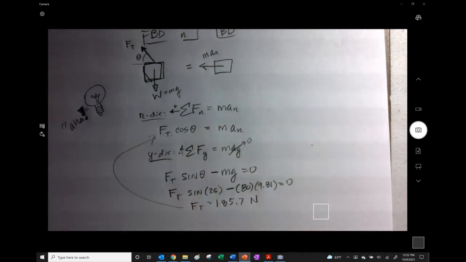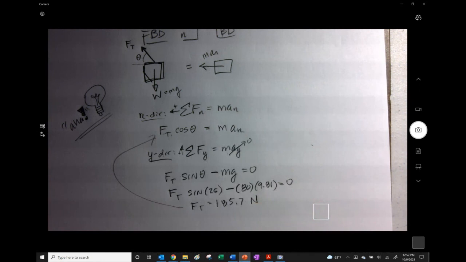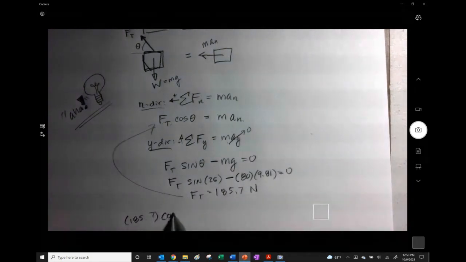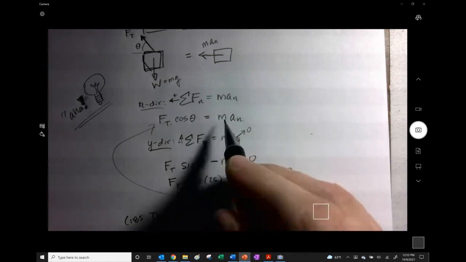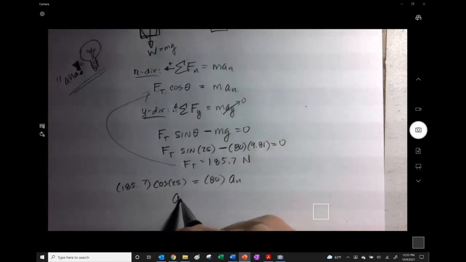Now we can go back up to there. So that's the aha moment, right? The aha moment was, if I find this tension in the y direction, I'm going to be able to find the acceleration in the normal direction. So I take my 185.7, multiply it by the cosine of 25, set it equal to 80 times the normal acceleration, and I find the normal acceleration.